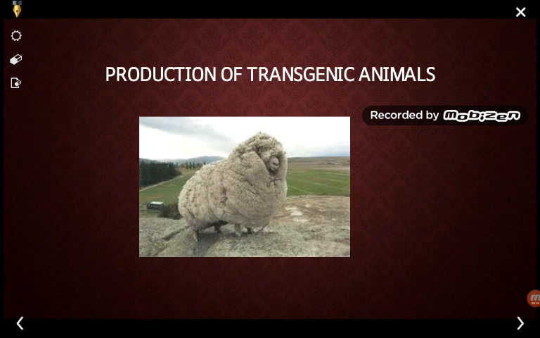Next, coming to the production of transgenic animals. A transgenic animal with the desired character can be produced. For example, in the picture you can see a sheep, which produces more wool, by means of transgenic animals, that is, genetic engineering.